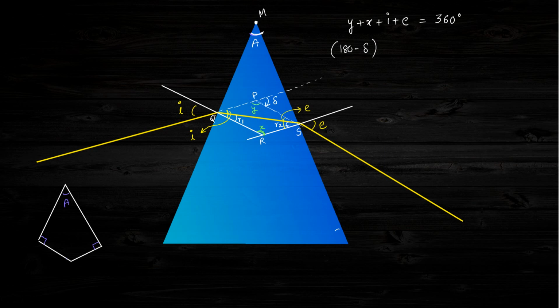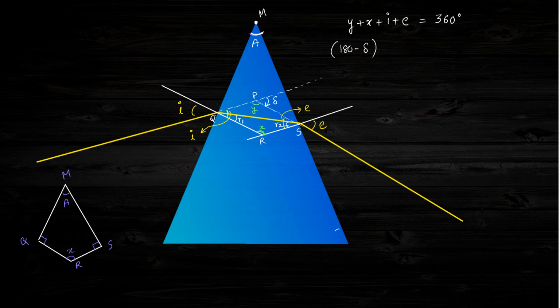So what is the angle X? This angle is X. So this is the quadrilateral M, Q, R, S that I have separately drawn over here. Since this is a cyclic quadrilateral, the sum of opposite angles happens to be 180 degrees.